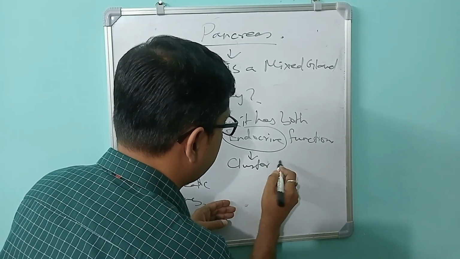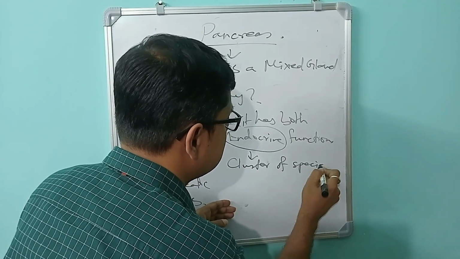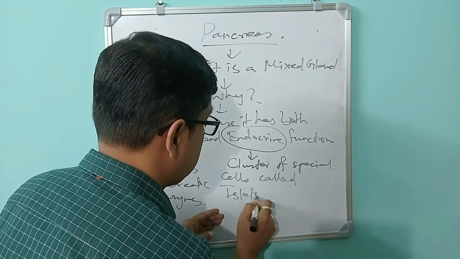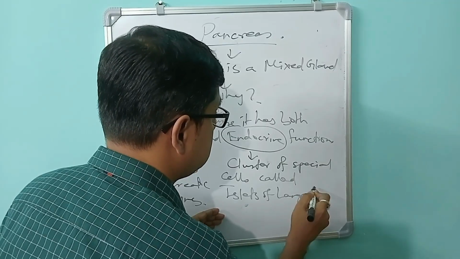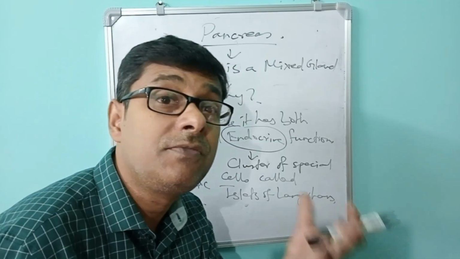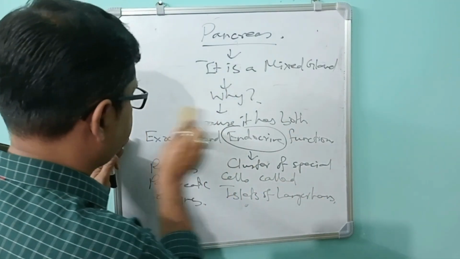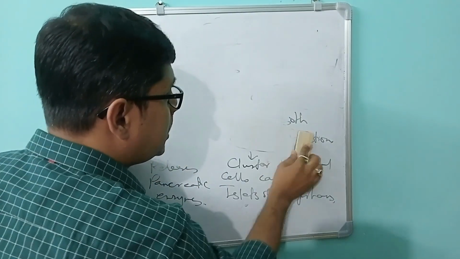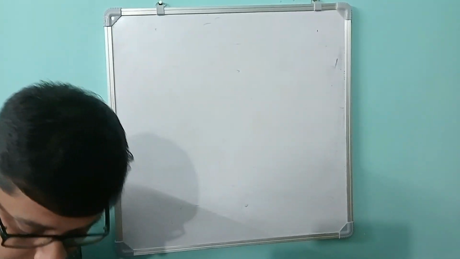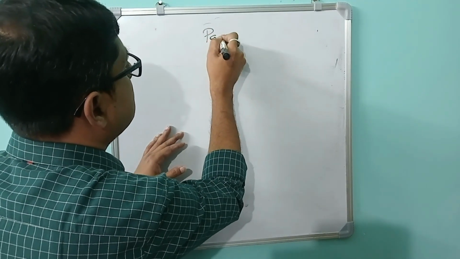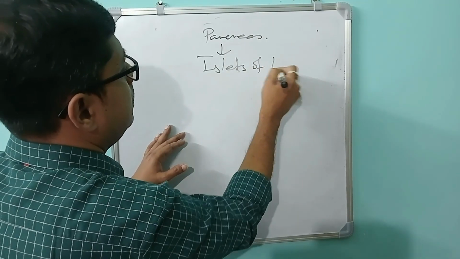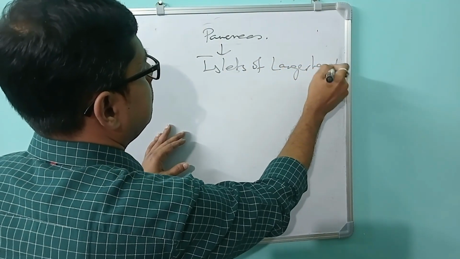Clear? So the question will come, where are islets of Langerhans found? The answer is the pancreas. Right.